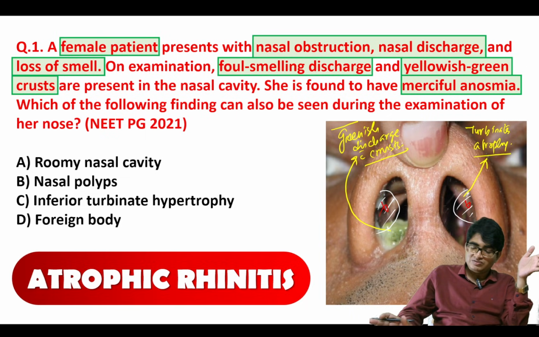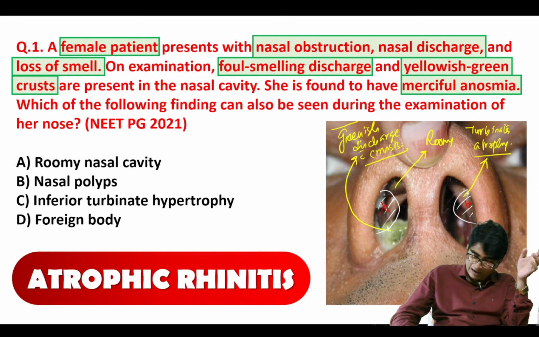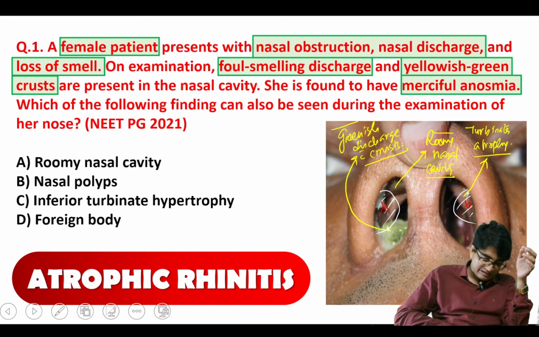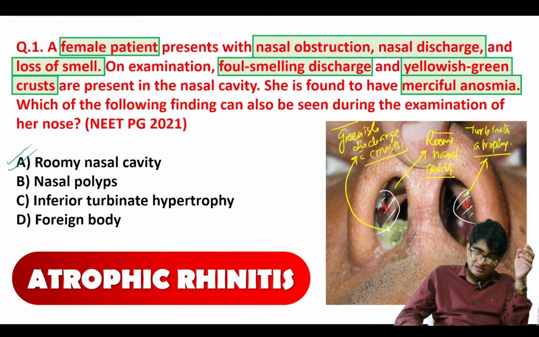If there are no turbinates, they have got atrophied, the patient will have a roomy widened nasal cavity, isn't it? So obviously our answer for this question should be the first option, that is your roomy nasal cavity.